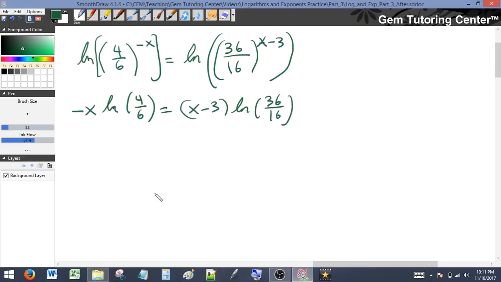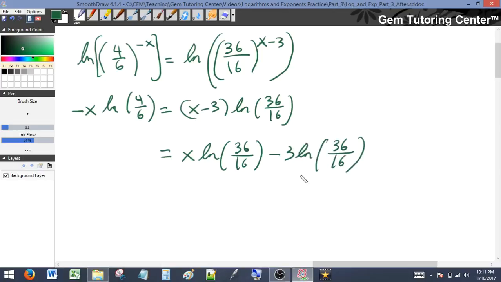Okay, so it's sort of like the previous problem. Let's expand the right side. That's going to be x ln 36 over 16 minus 3 ln 36 over 16. And the left side was still the same: negative x times ln of 4/6.